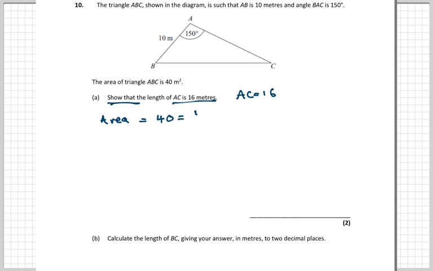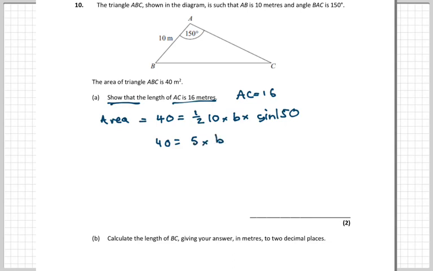The area being 40 is a half ab sine C. In this case, it's a half times 10 times b times sine of 150. Remember, it's adjacent sides times by the angle between them. So we can replace the values that we know into this formula. The one we don't know is b, so we only have one unknown, and we can start to manipulate this equation.